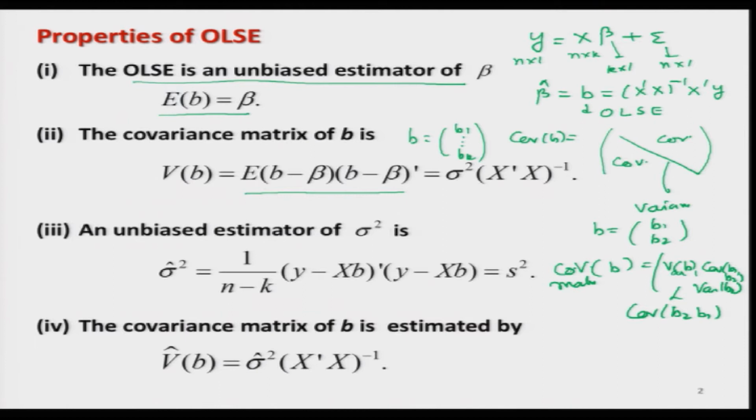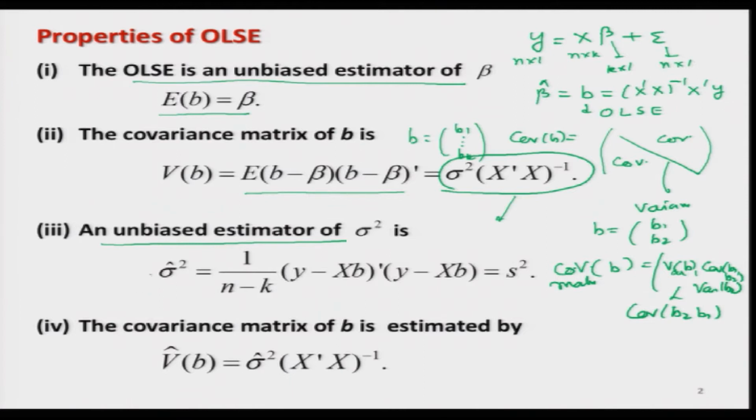So the covariance matrix of the ordinary least square estimator is given by sigma square times (X transpose X) whole inverse. Here also you can see that unless you make an assumption that X has full column rank, you cannot obtain this unique inverse, and hence you cannot obtain this variance covariance matrix. Right. So after this, we try to find an unbiased estimator of sigma square.